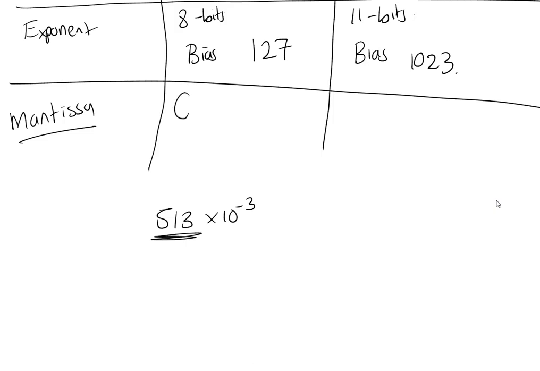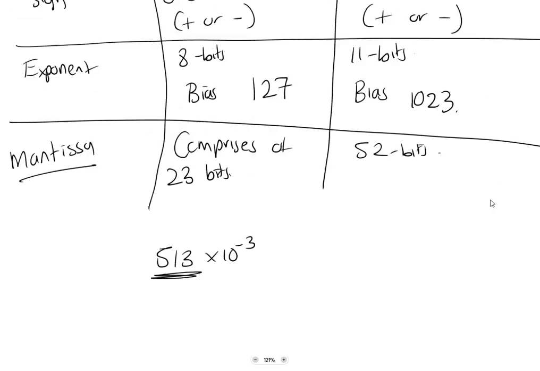It comprises 23 bits in a 32-bit machine, and in a 64-bit machine, it's 52 bits. And that's it. That's all you need to know.